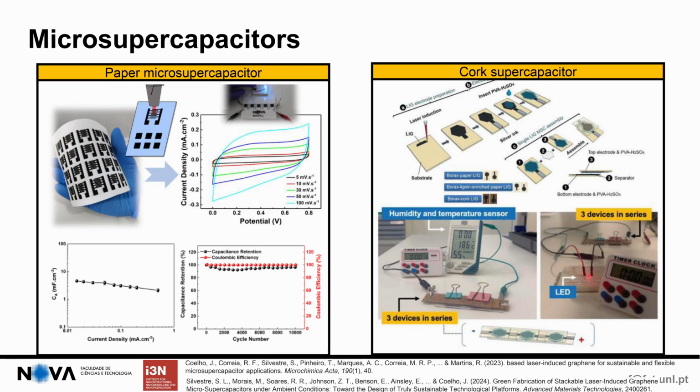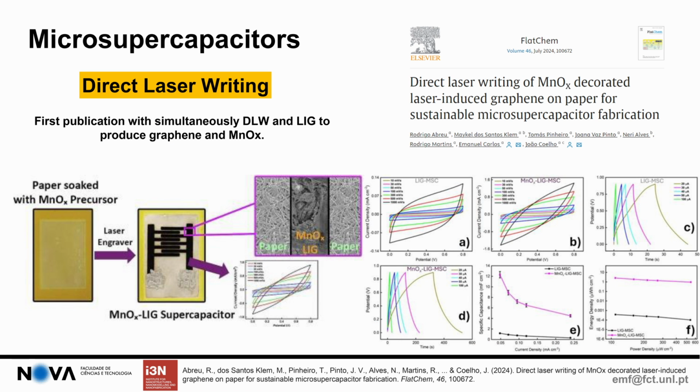Besides the biosensors, we also work on energy, and here are some examples of micro supercapacitors, using paper or cork. We are able to produce this type of device. Within these energy devices, this is an example where, using only a single step, we induce the graphene layer on top of the paper and also simultaneously synthesize some metal oxides.